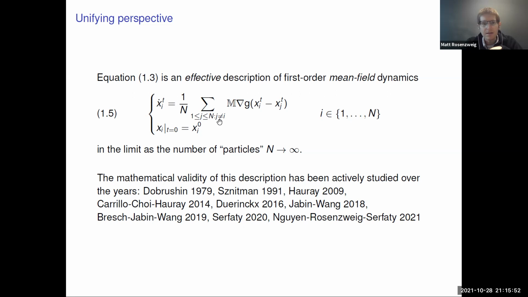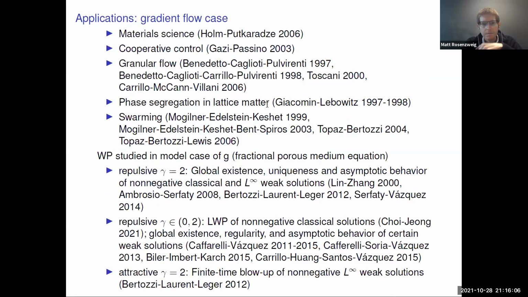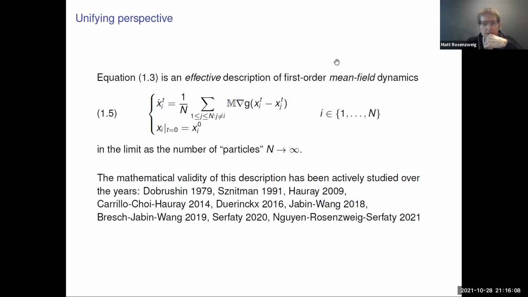And it turns out that the limiting behavior of these systems is effectively described by a solution of the PDE 1.3. So that's where these equations come from. And this has been extensively studied by many people over the years.